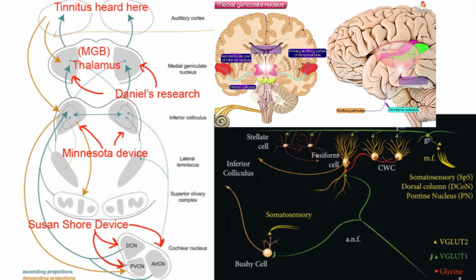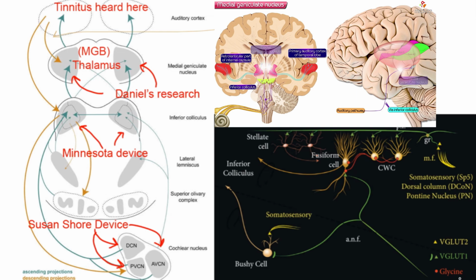Now a little bit about the Susan-Shore device. So the Susan-Shore device is a hypersynchrony buster, as was mentioned by one prominent figure in the tinnitus community, and I really like that nickname.